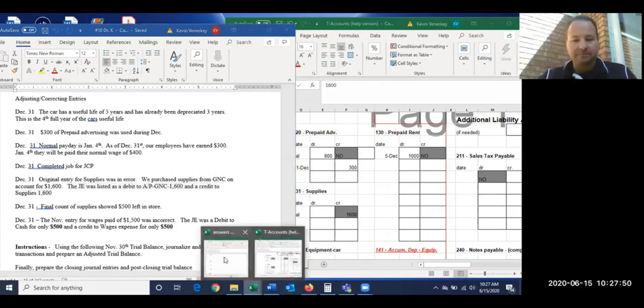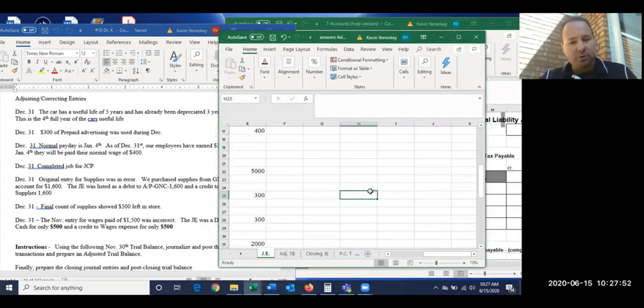So how to fix that? We're going to pull up our answers, pull off our little side thing out here. So the wrong entry, old accountant, this is what they would have had.